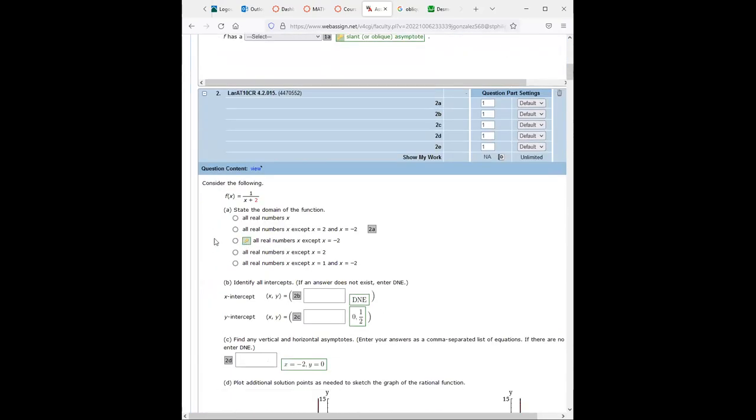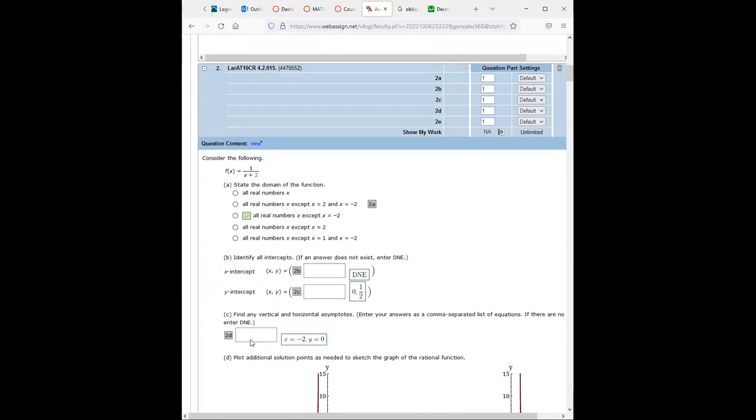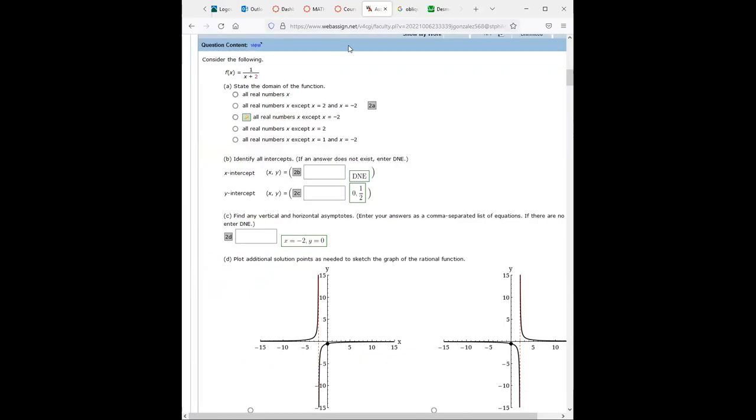I'm not going to force you to graph by hand. I'd rather you didn't. If you want to use a graphing calculator, you can. The only thing I'm going to expect is that you be able to do this information here.